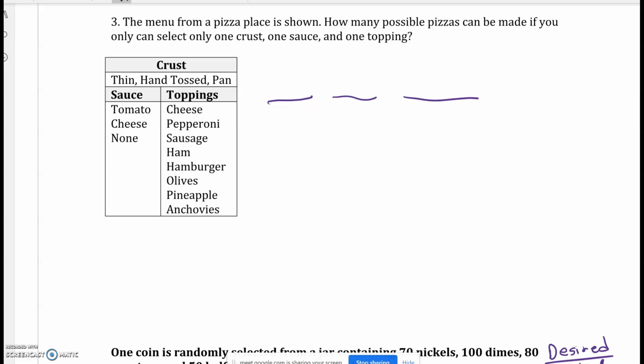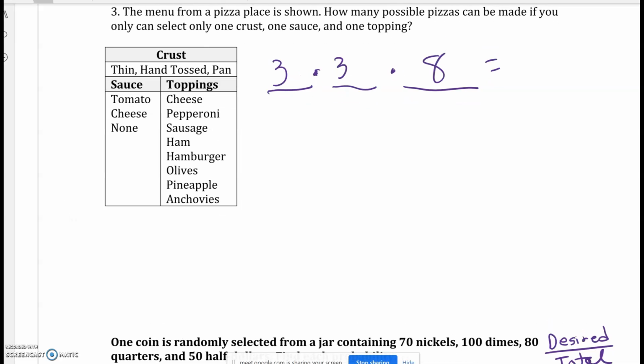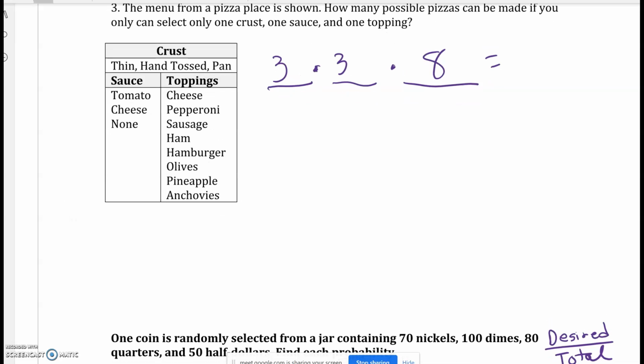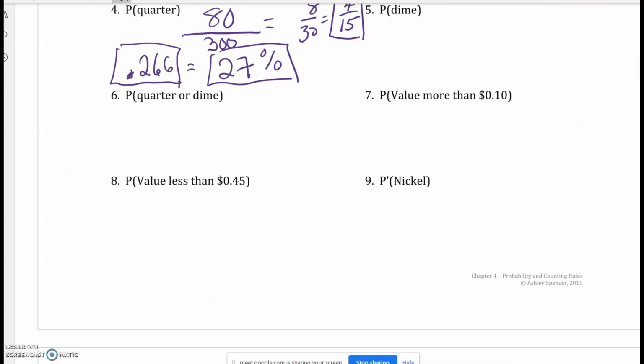There's 3 possibilities for the crust, 3 possibilities for the sauce, and 1, 2, 3, 4, 5, 6, 7, 8 possibilities for toppings. When you multiply these all together, that tells you how many possibilities there are: 3 times 3 is 9, times 8 is 72. We wouldn't dare do a tree because 72 things would be too much.